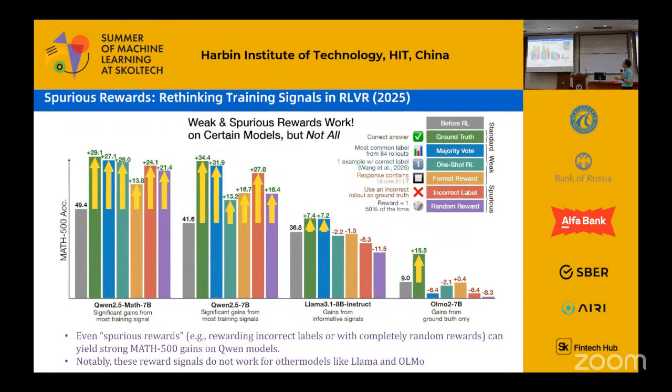And here is another study. They try to understand why this kind of rule-based reward, which looks very simple, works so well. So here they design some different reward signals, for example using the correct answer. They also use some other, like random reward.